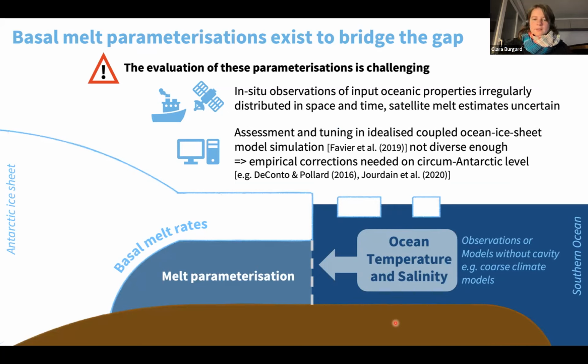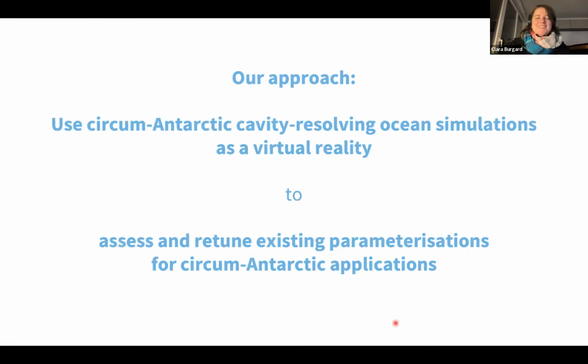So we thought we build upon this idea, but we go for circumantarctic instead of only one ice shelf. Our approach is to use circumantarctic cavity resolving ocean simulations as a virtual reality where we know everything to assess and retune the existing parametrizations, this time really specifically for circumantarctic applications.